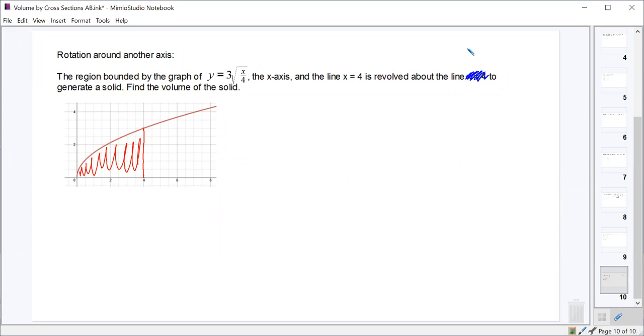I want to revolve it around the line y equals -1 first. Okay. So what is the line y equals -1? Well, it's just the horizontal line that's right here below the x-axis, right? Everybody agree with that?